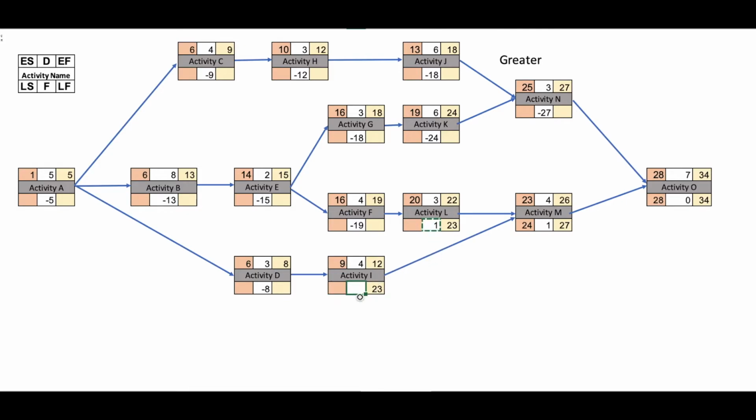This activity I also has the same 23. Here I will paste. Okay, so 23. Same formula we will copy from here and we will paste into late start of D, E, I, A.